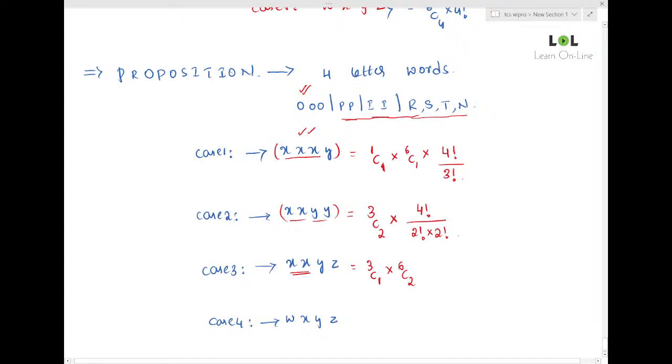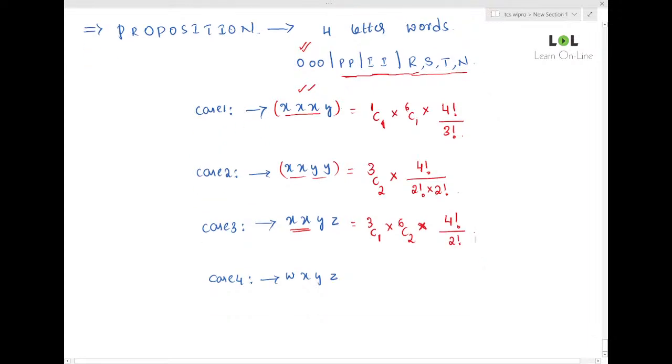Now, tell me the arrangement for this. Selections are done. 1 pair, 2 singles, 4 letters done. Perfect. 4 letters, 4 factorial. 2 letters are repeating, 2 factorial. Now, finally, in case 4, you need all different letters, 4 different letters.